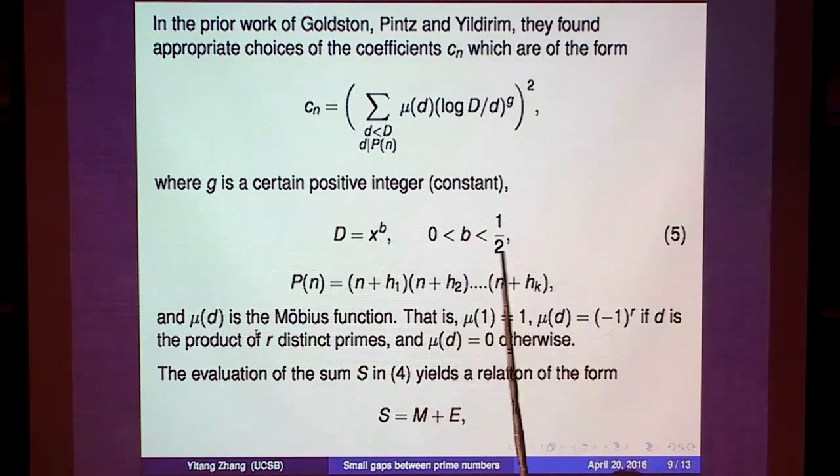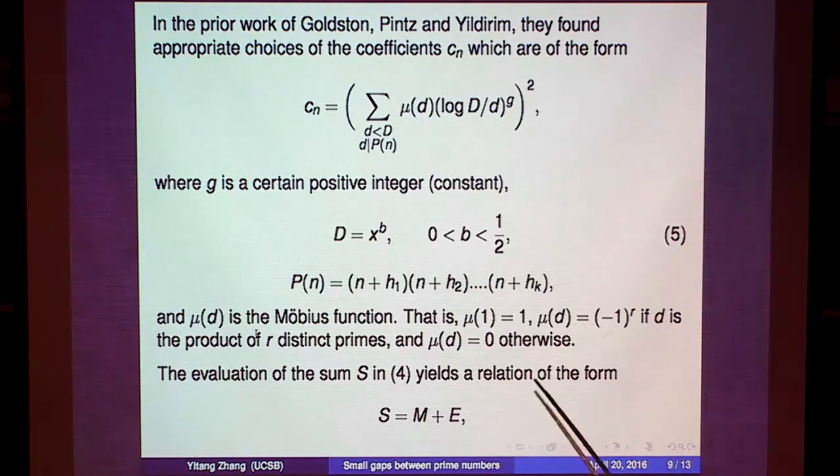Mu of D, if D is the product of distinct prime numbers, say we have totally r distinct prime factors, then mu takes the value (-1) raised to r. For example, 6 is equal to 2 times 3, right? The two distinct prime factors, so r is equal to 2. Therefore, mu of 6 is equal to (-1) raised to 2. It is equal to 1.